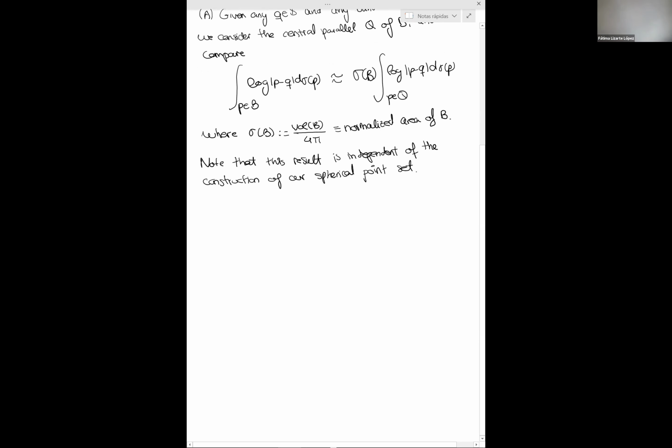Step B. Comparison between minus kappa n and this sum. I denote this integral like that, and this other.